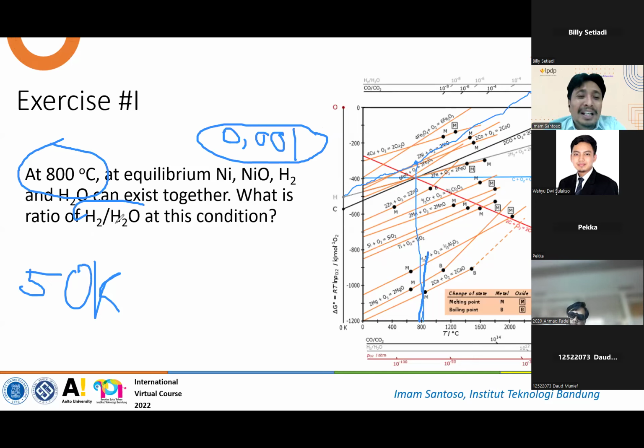Daud, for example, if the ratio at 800 is 0.009, do you think the condition is in equilibrium?